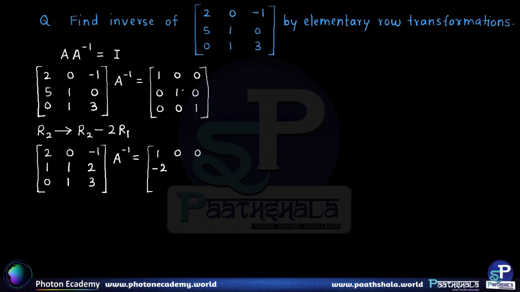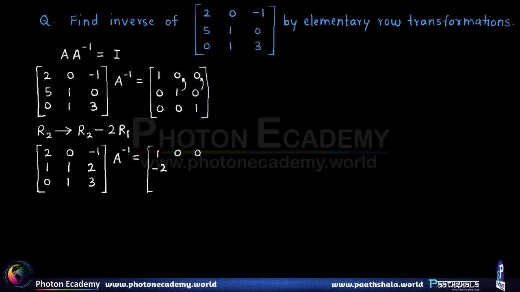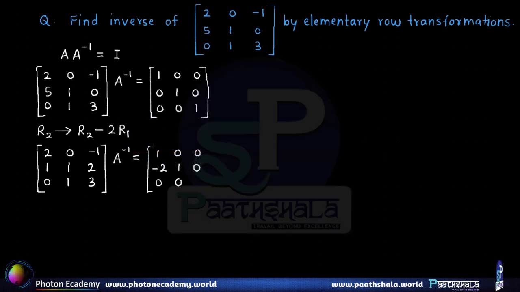Now if you look at the other pairs, the first row has the two elements as 0, so effectively no change will happen to the elements in the second row. So the remaining two elements remain as they are, that is 1 and 0, and lastly the third row is once again unchanged.